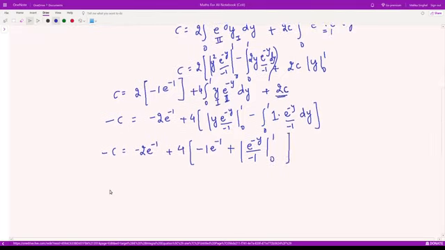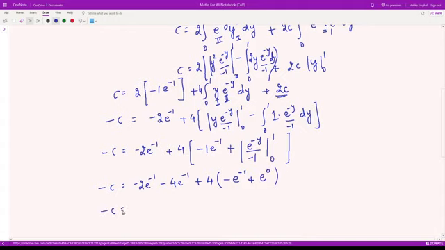So let us see what it becomes. Minus c is equal to minus 2 e to the power minus 1 minus 4 e to the power minus 1, and here it would be plus 4, and after substituting the limits, it would be minus e to the power minus 1, and this minus minus becomes plus, so e to the power 0, right?